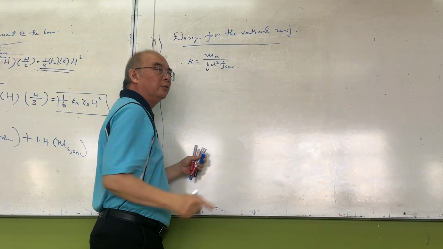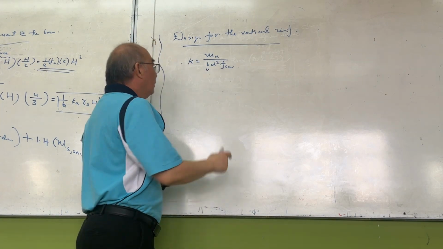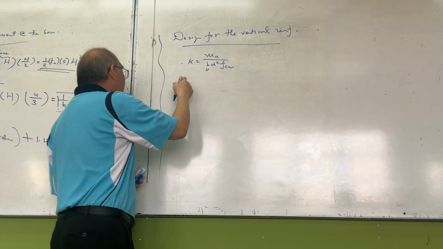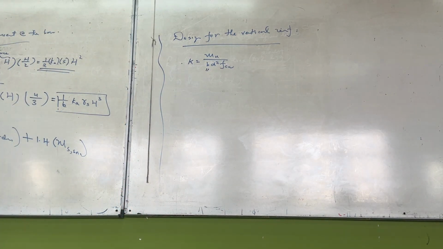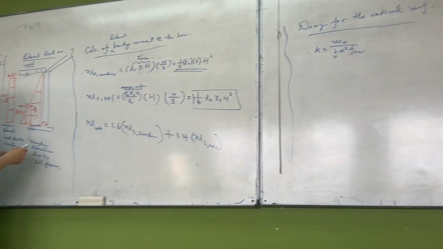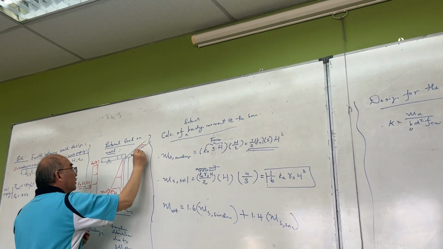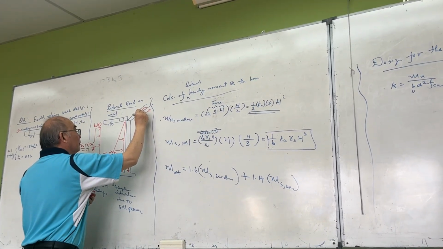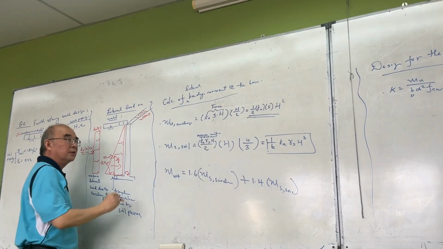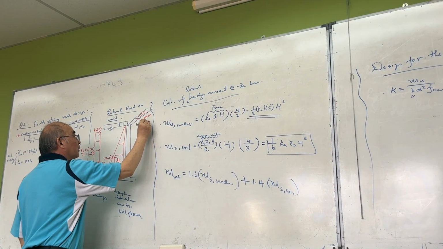D normally I'll give you. Okay? D normally. B is what? Because this is our wall, right? Our wall is designed based on per meter width basis. So 1 meter basis or 1000 millimeter.